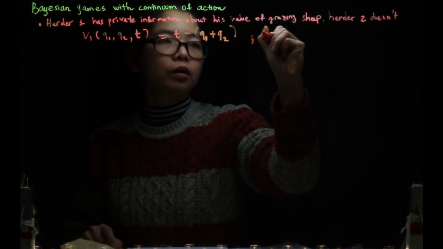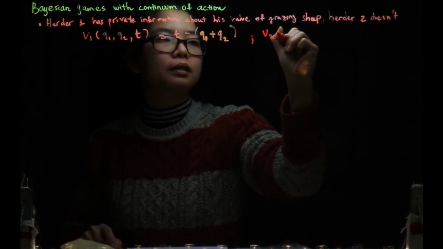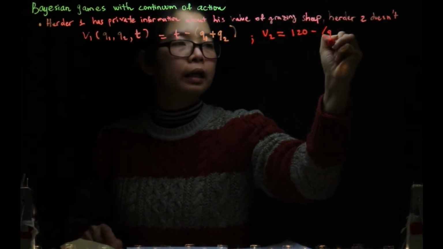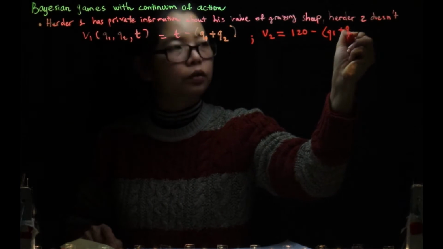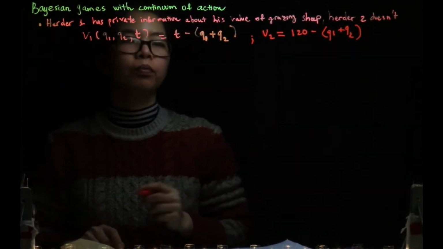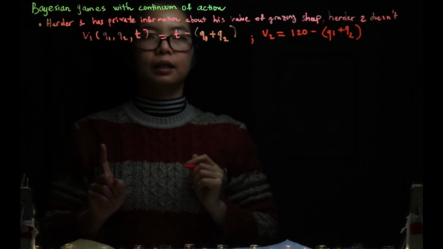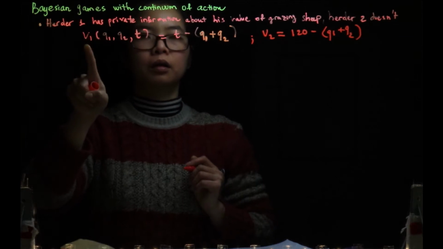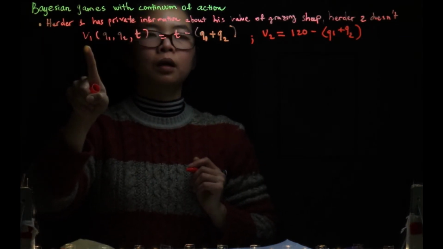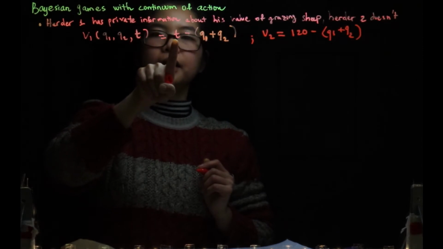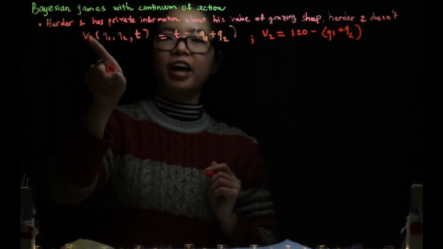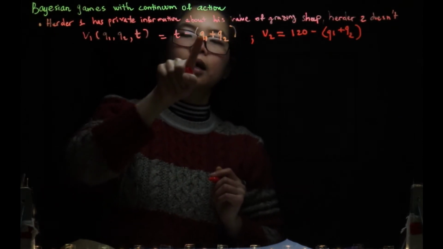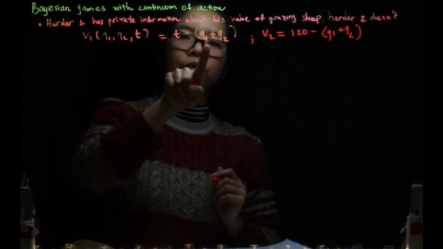For herder 2, the value remains the same as before: 120 minus q1 plus q2 still. One thing worth reminding at this point: the type of the herder does not only affect his payoff, or the value per sheep, directly via t standing alone here, but also via q1.